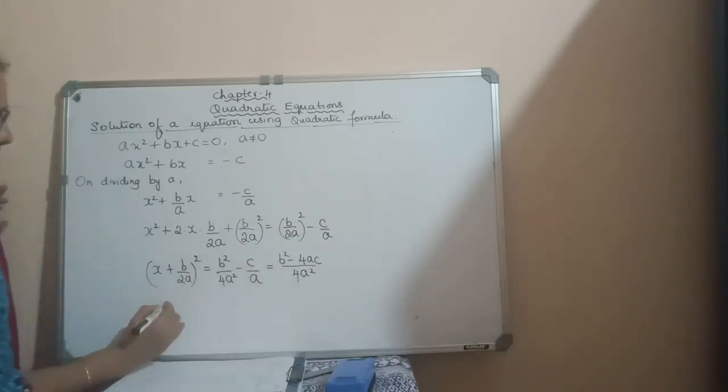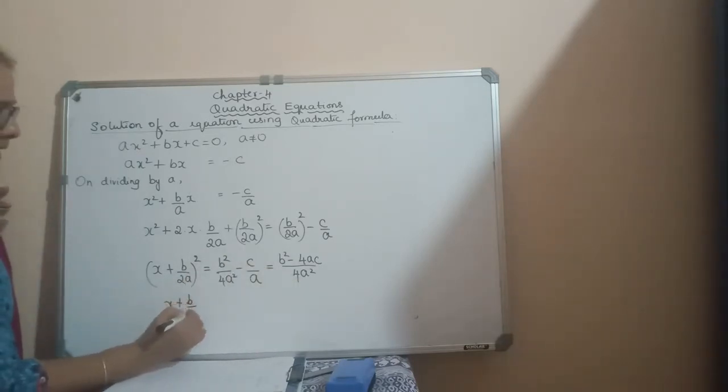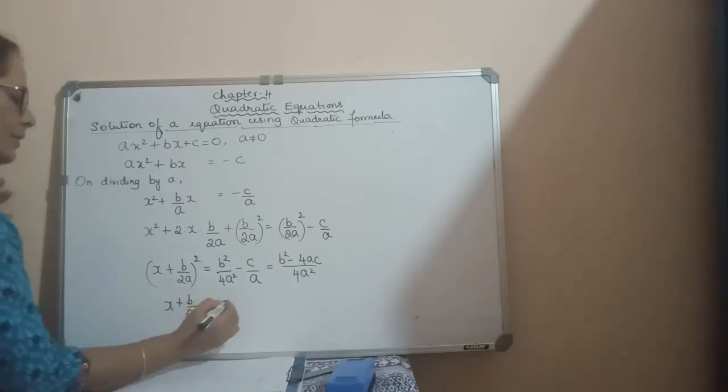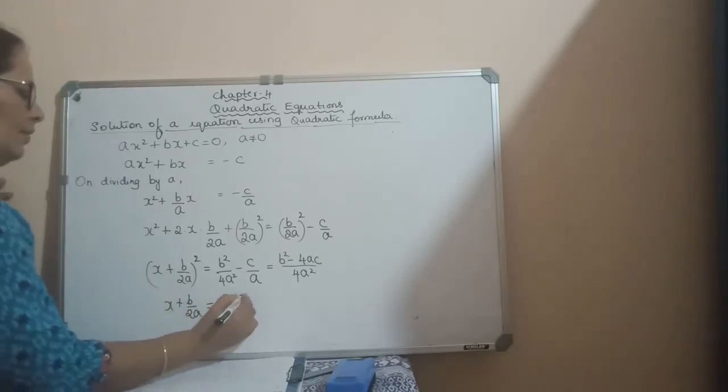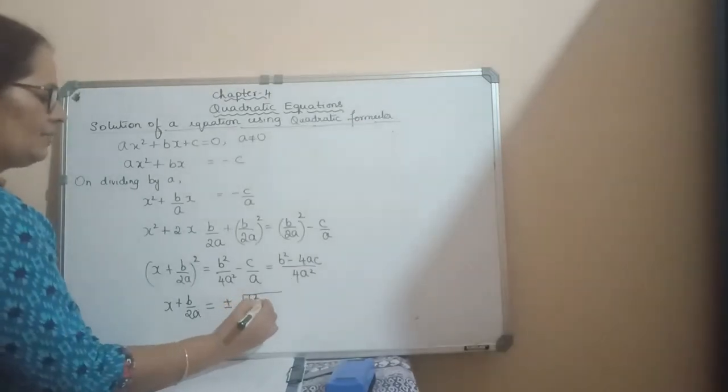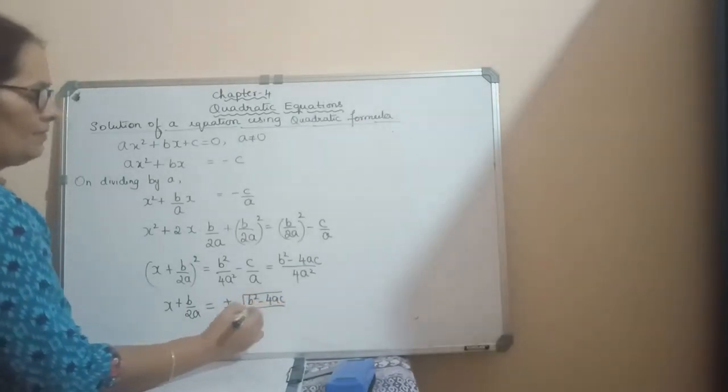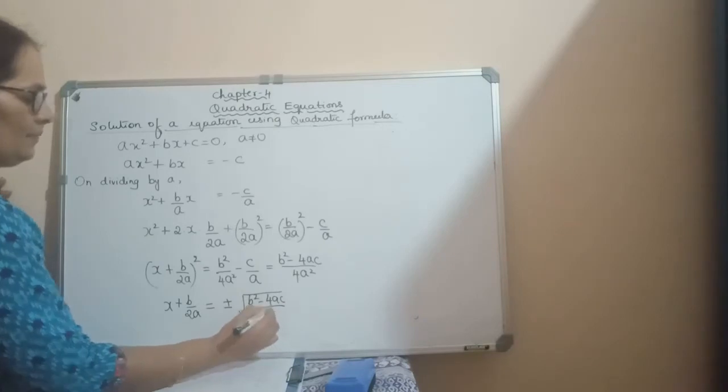Then you will get x plus b by 2a equals plus or minus root of b square minus 4ac divided by 4a square.